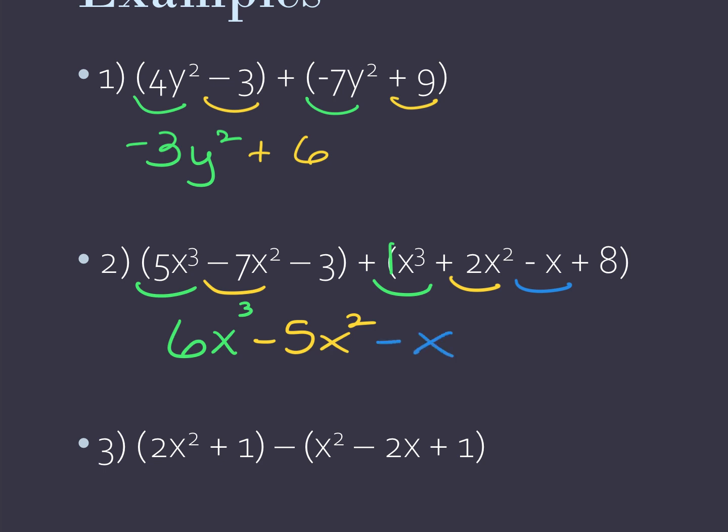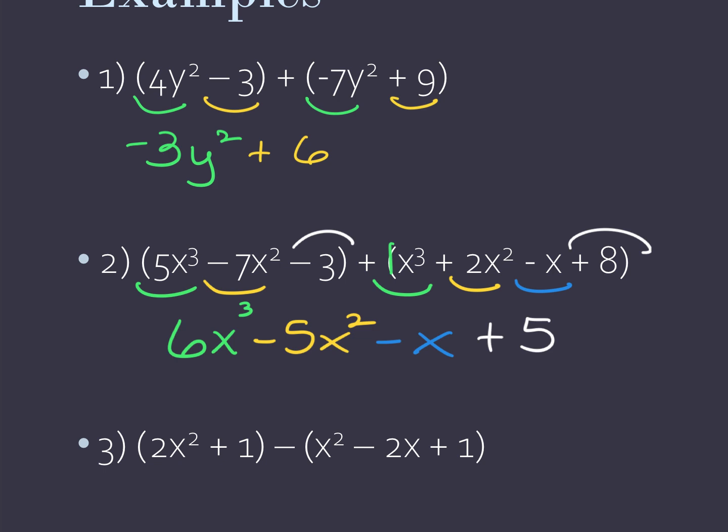Then I'll go back, and now I'm going to get the constant, the negative 3 plus 8. And then now my answer is in standard form. Now, if the instructions do not specify, then it doesn't matter the order of the terms. But when it says standard form, you find the largest exponent and then go down. So like I did x to the third, then x squared, then the x, which is assumed to be an x to the first, and then finally the constant.